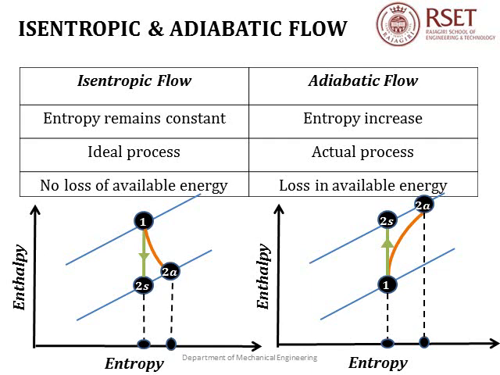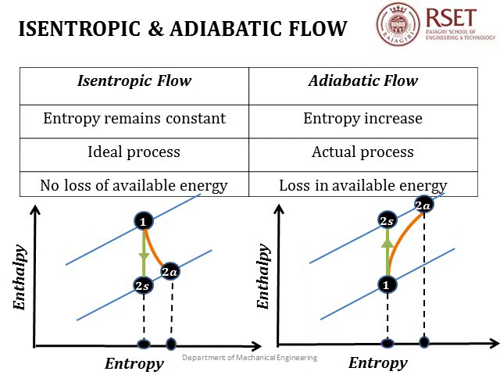Now let us compare an isentropic flow with an adiabatic flow. An isentropic process is a reversible adiabatic process. If we can make an adiabatic process reversible, that is, maintain the entropy to be the same throughout the flow, then we can obtain an isentropic process.